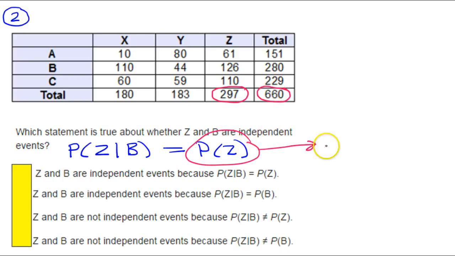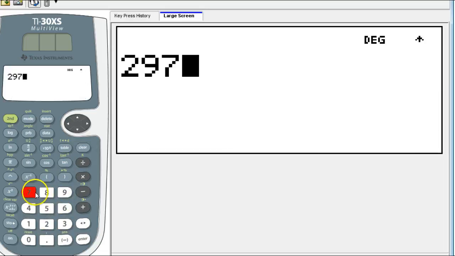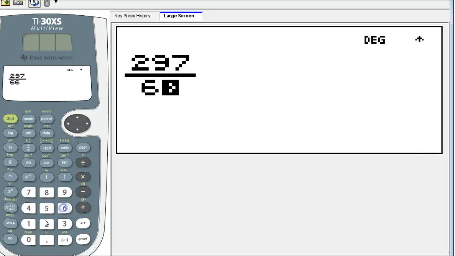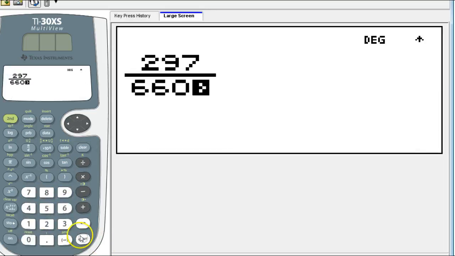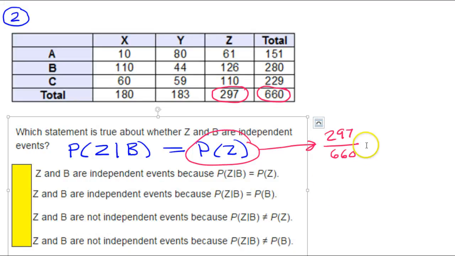The probability of Z is target over total, so 297 out of a total of 660. I'm just going to reduce that in my calculator. I'm getting 9/20.